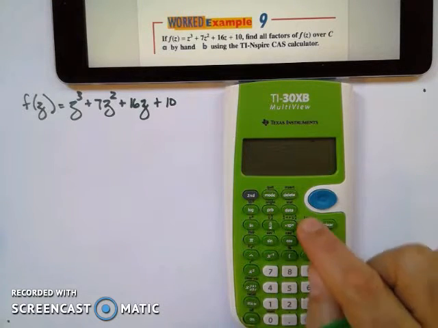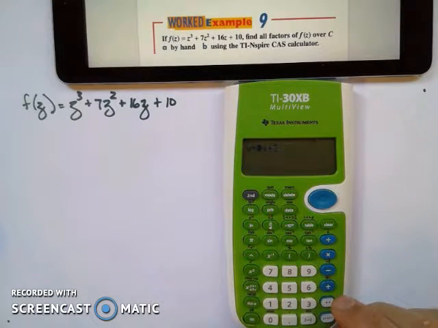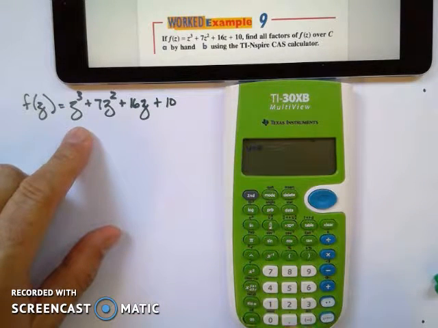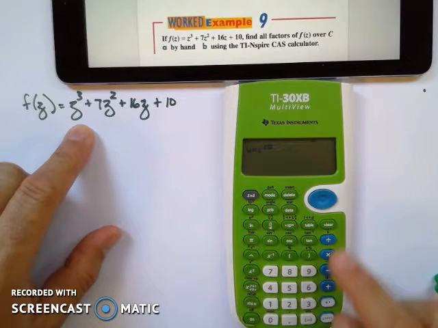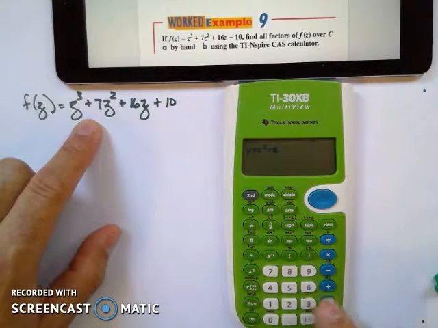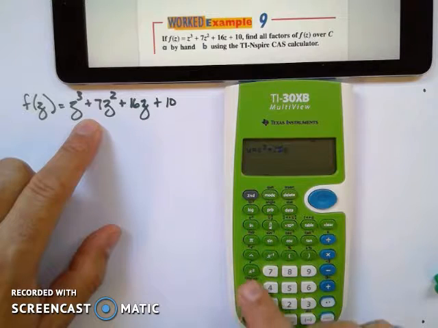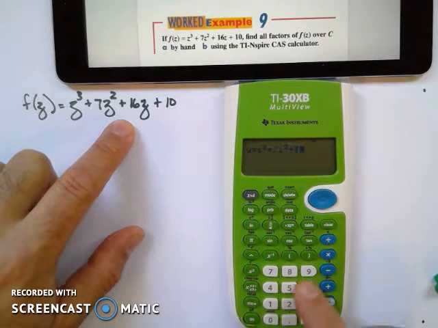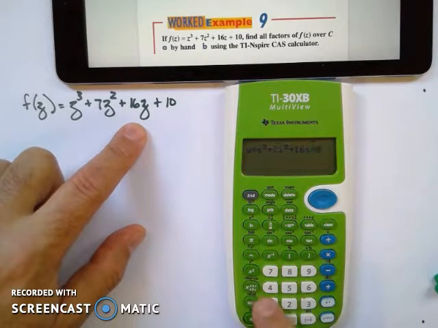What we do, we press on table. If there's already an equation, I'm just going to clear that equation, and start with my equation. Instead of using z, I'm going to use x. So this is x to the power 3, plus 7x squared plus 16x plus 10.